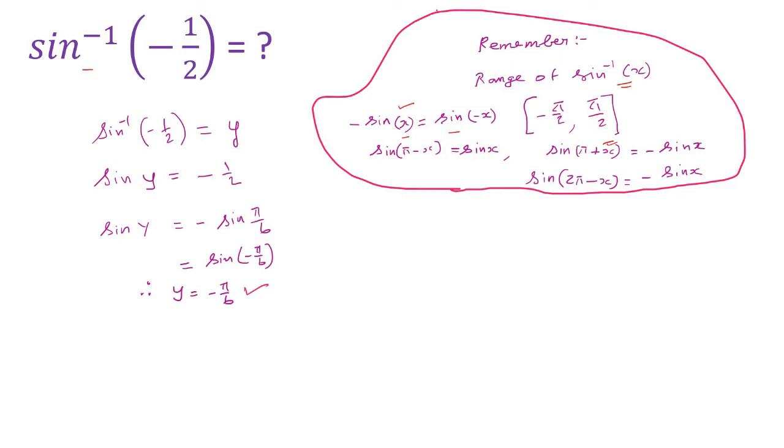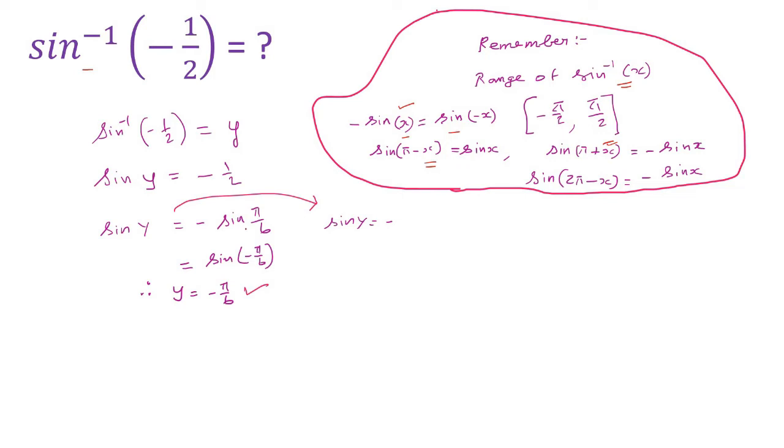Then again, you consider this. In this, the sine pi by 6 alone you write as sine of pi minus pi by 6, because you apply this. The minus you write as it is.